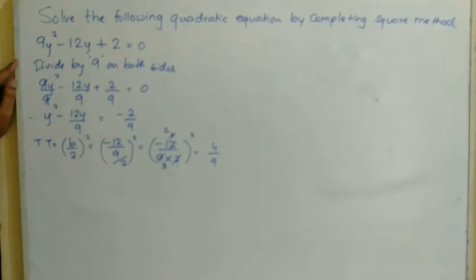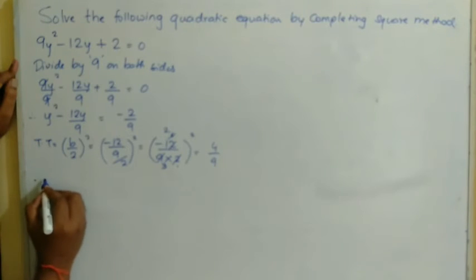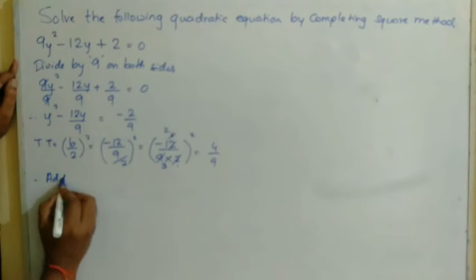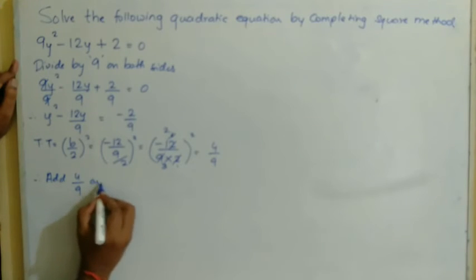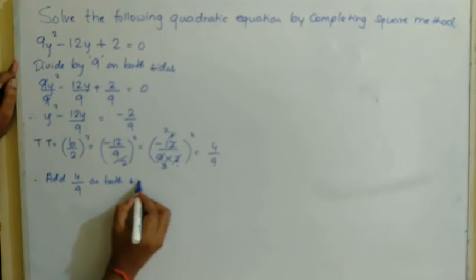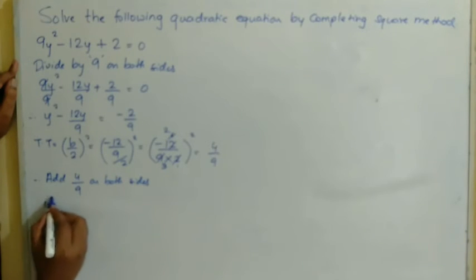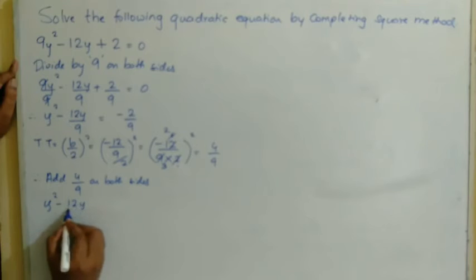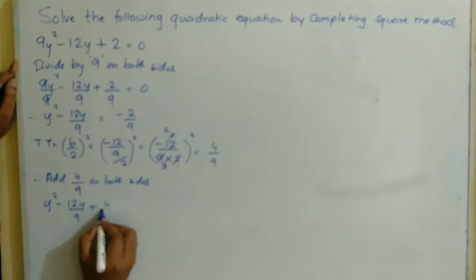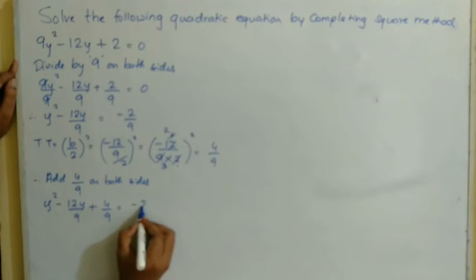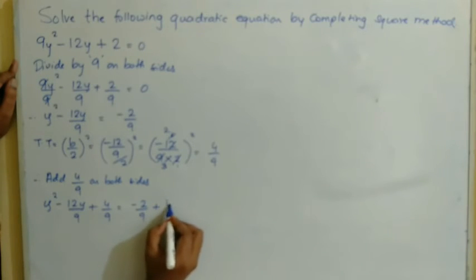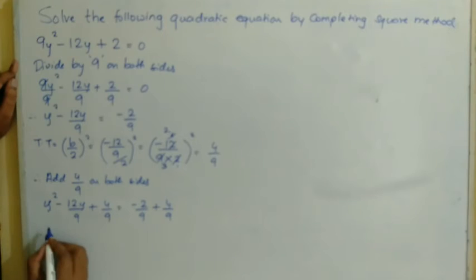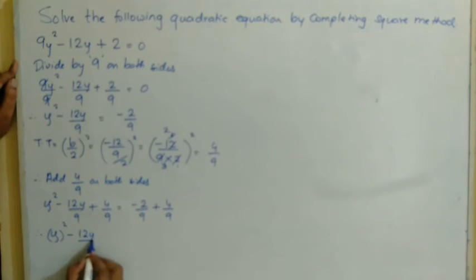Now we are going to add 4 upon 9 on both sides. We get y square minus 12y upon 9 plus 4 upon 9 equals minus 2 upon 9 plus 4 upon 9. In the next step, (y minus 2 upon 3) the whole square.